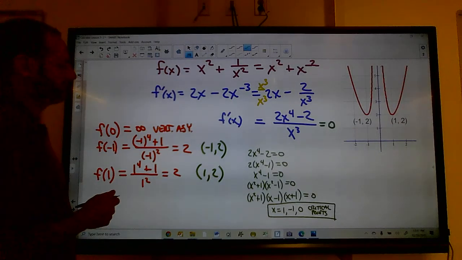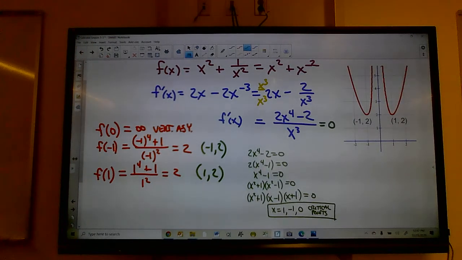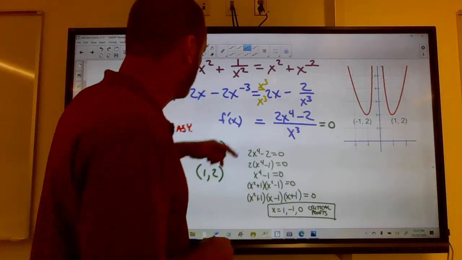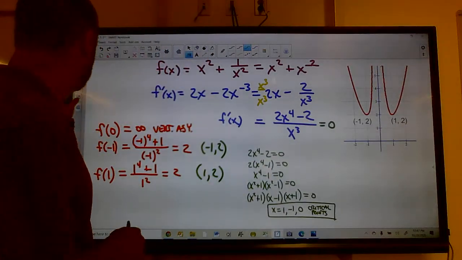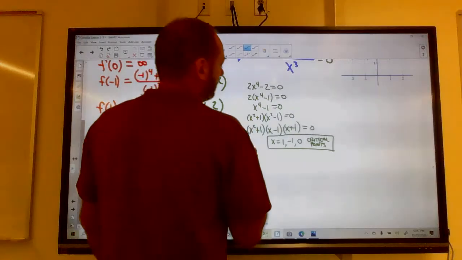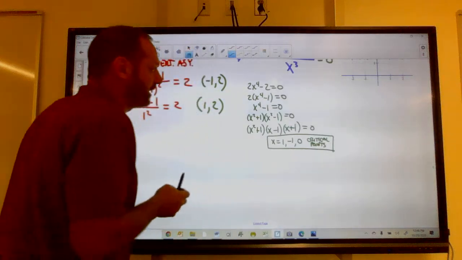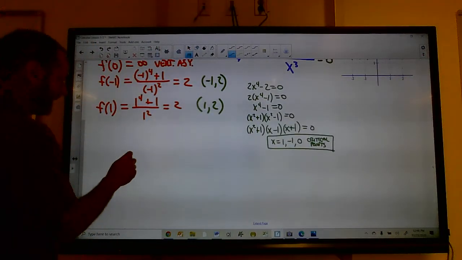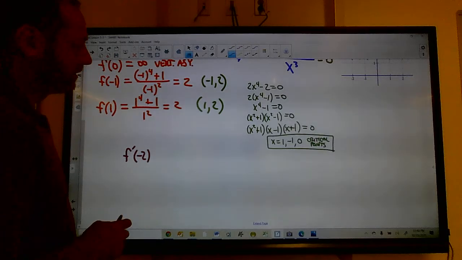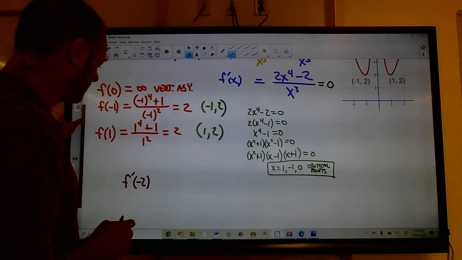All right, now I just need to figure out, are they maximums or minimums? So I could region test from my critical points, f prime of x. I could take -2. I could find f prime of -2. I need something between 1 and 0, or -1 and 0.